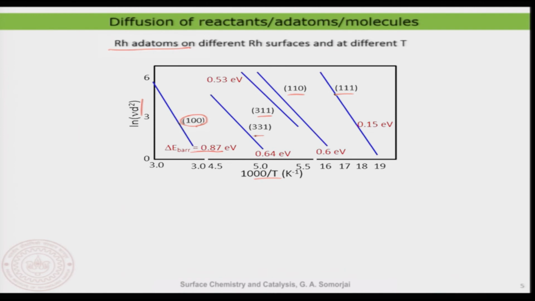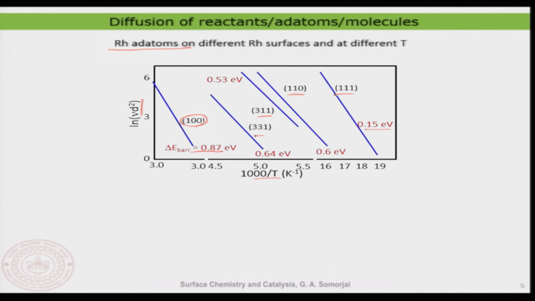What does it mean? If the diffusion barrier is the strongest, the diffusion is slow on that surface. But now look at the 111 surface. That is quite interesting. The diffusion barrier is very small. So, at room temperature the 111 surface is going to look like all the atoms are moving all the time.